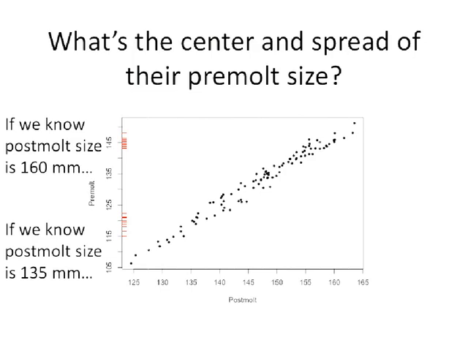So roughly, what's the average of the pre-molt size for the crabs that fall into this interval, centered at 135? Yeah? 120? That sounds like a good estimate.